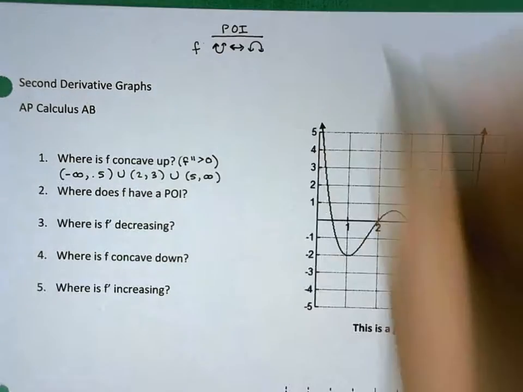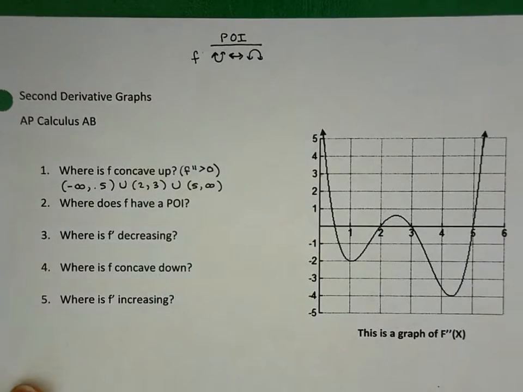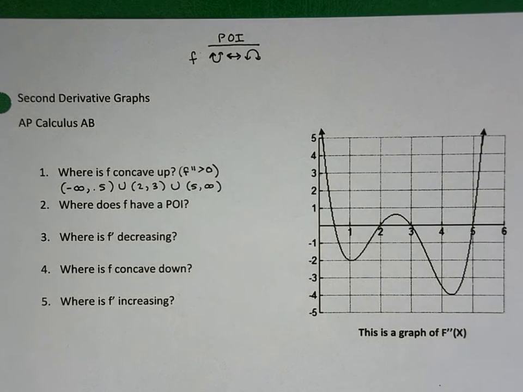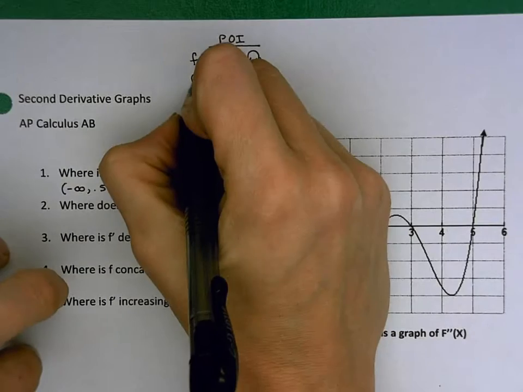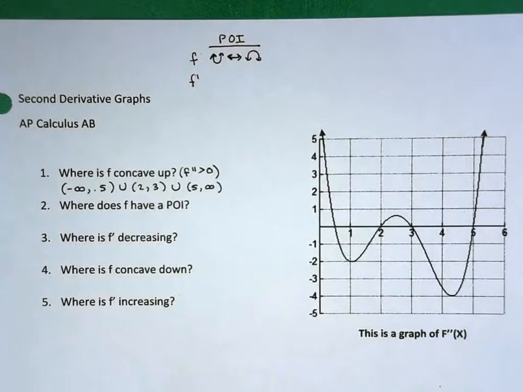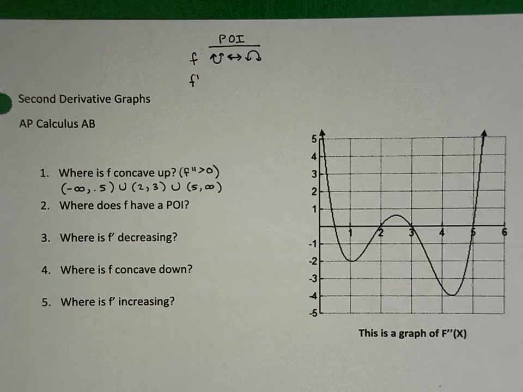That's the definition of point of inflection. Using that definition in conjunction with our definitions of concave up and concave down, we can then address how to find a point of inflection on an f prime graph and on an f double prime graph. So pretend for a second this were an f prime graph. What would we be looking for in order to find points of inflection?